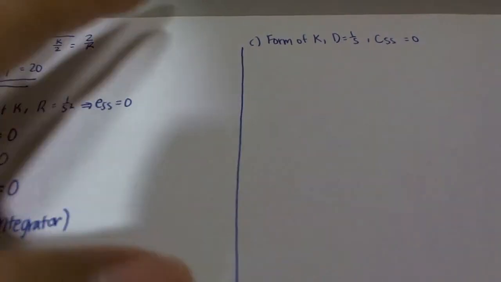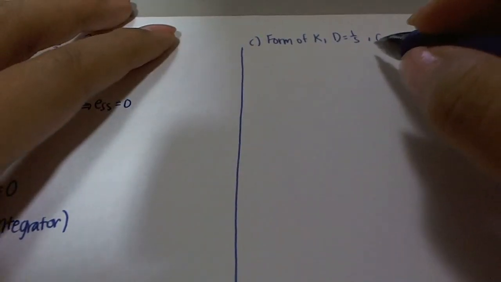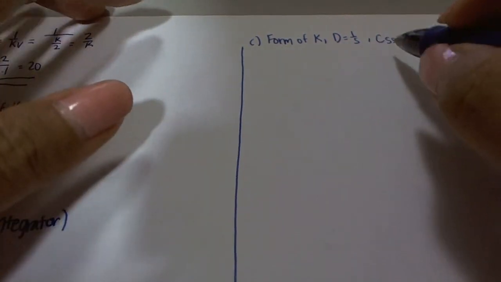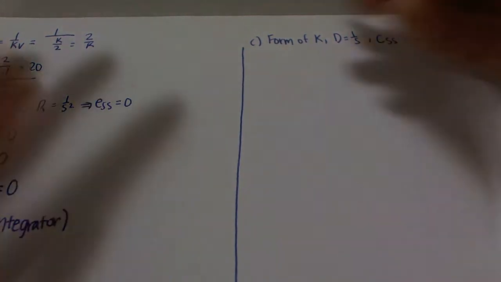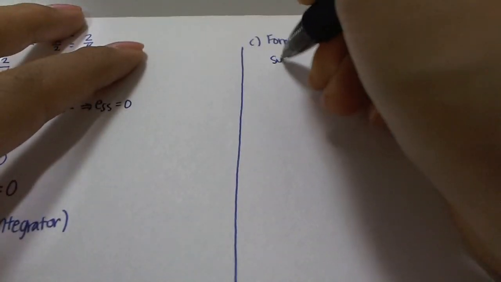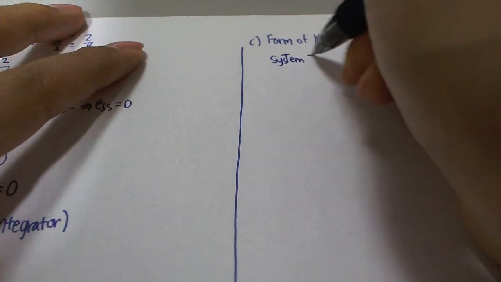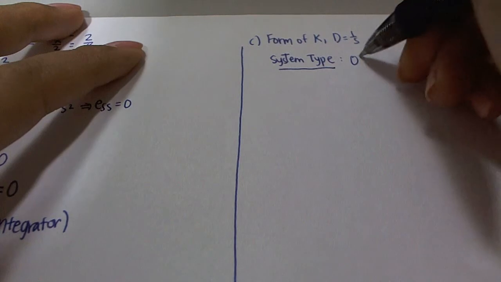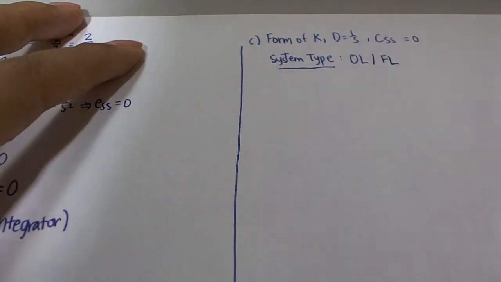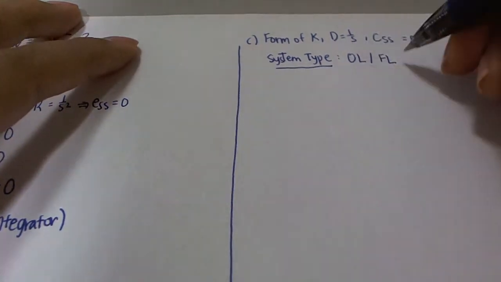So first of all, we need to note that we cannot solve this using the express method, because for express method we need to deal with system type, and when we're talking about system type, this is always the open loop or the forward loop and not the closed loop.